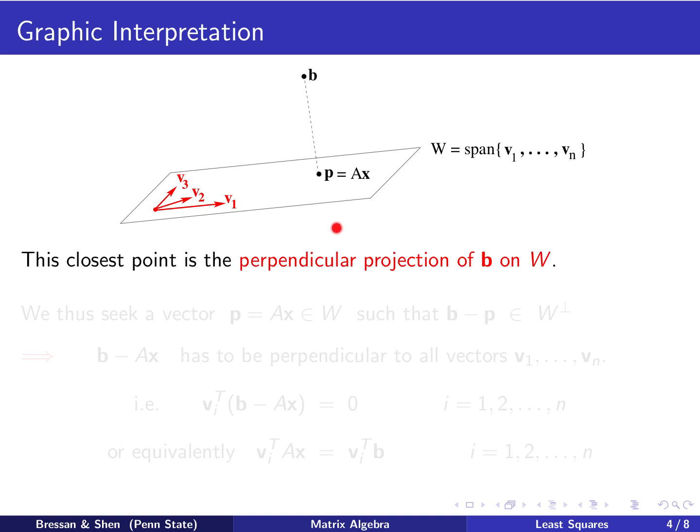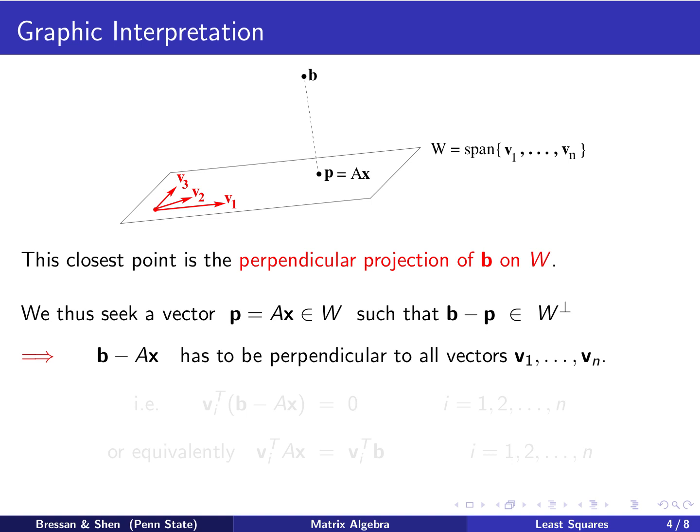Here is a graphic illustration. You have W, let's say we represent it with a plane. That's the span of the column vectors of A. Then we have a point b which is not in the space, and we want to find its perpendicular projection. You project this down perpendicularly and find the image P in the space W. This point P is the point in W that is closest to b.